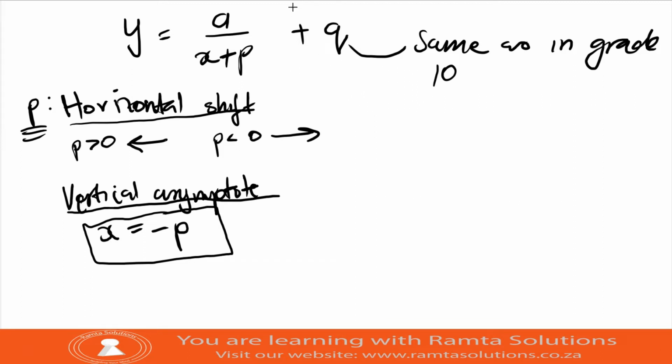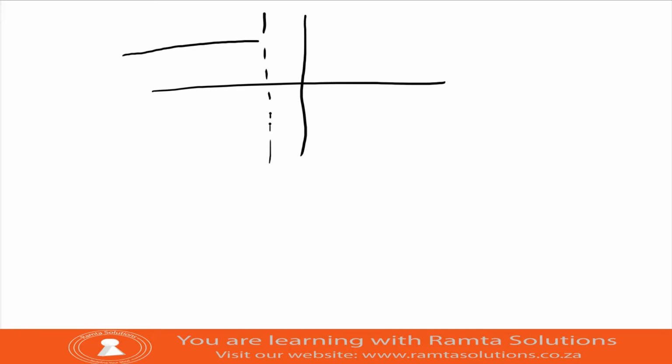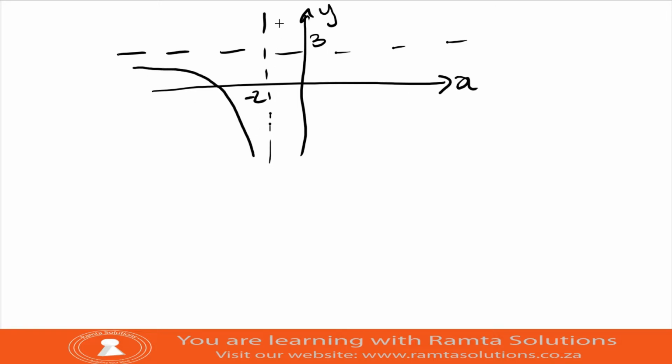I want to show you an example. I'm just going to draw a simple graph. Let's say we have this graph here, and then we have this one here. This is -2, this is 3. So this graph looks like this, while this one looks like that.